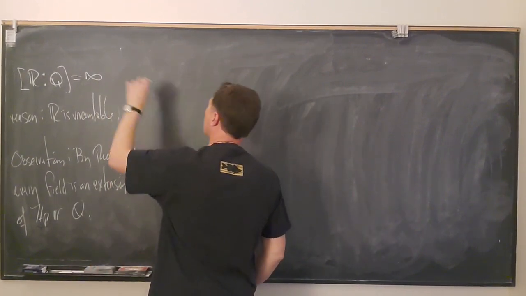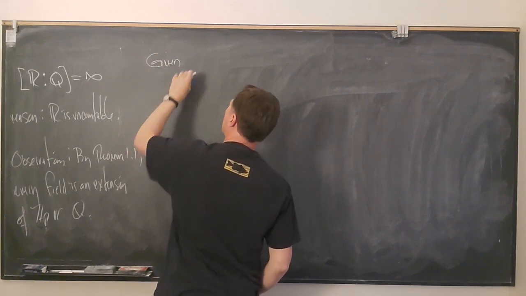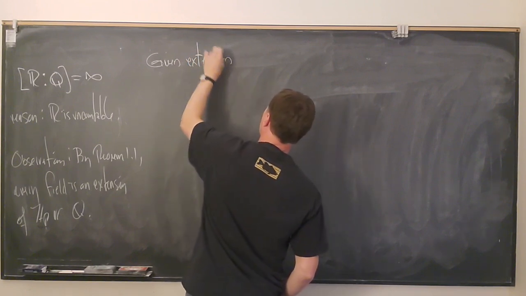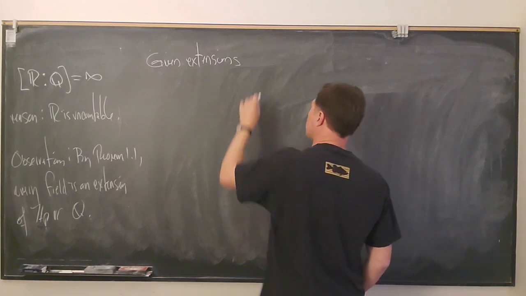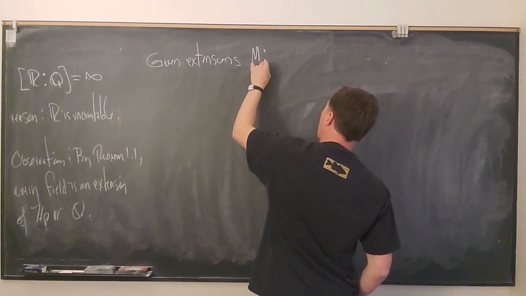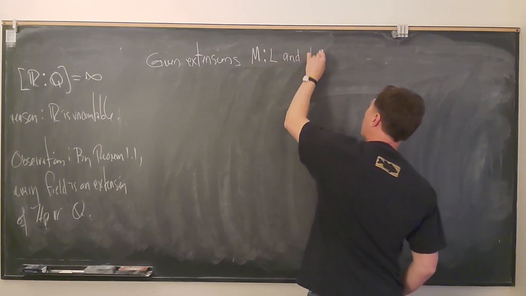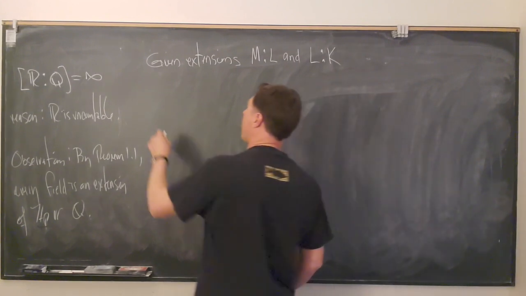Now, given extensions, let's say we have a couple of extensions: M over L and L over K. What does this mean? We have monomorphisms.